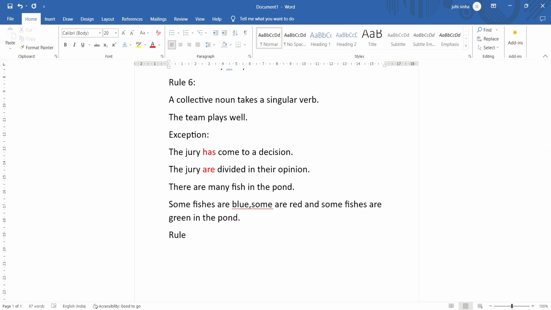Next comes rule number 7. It is very important to identify the correct subject of the sentence.